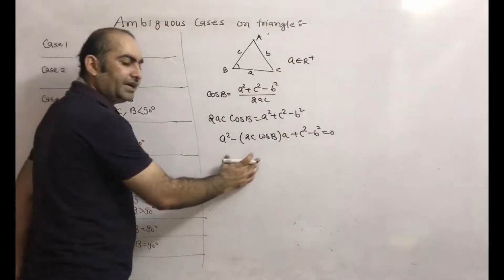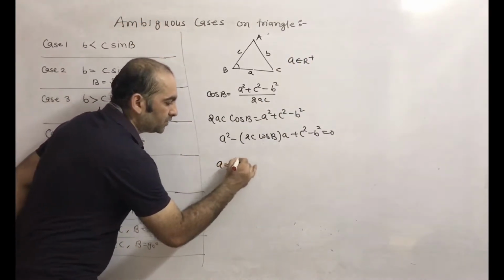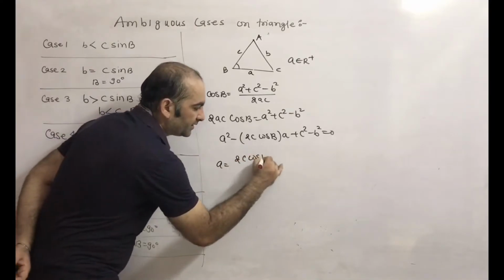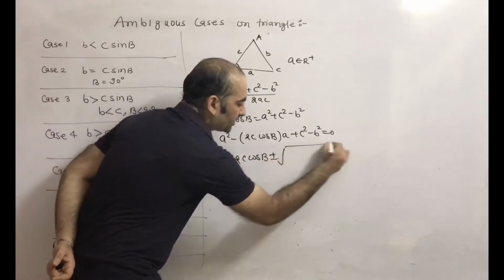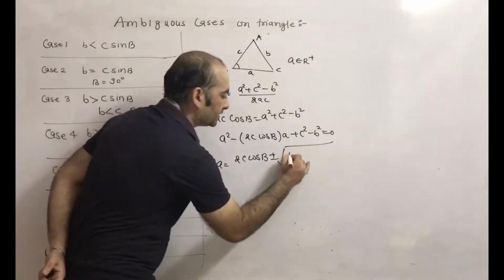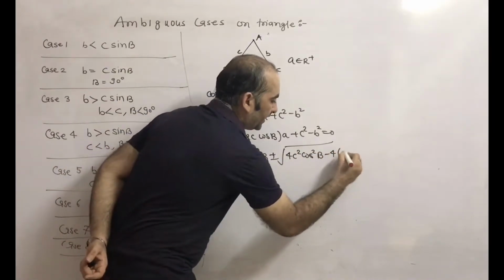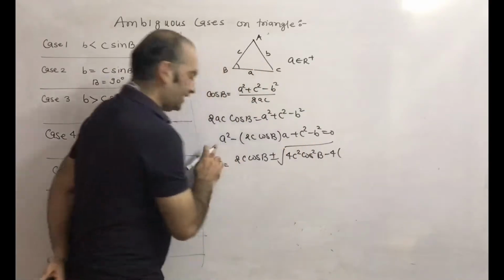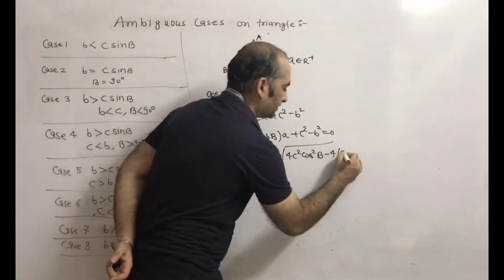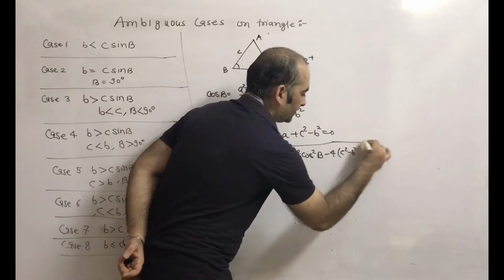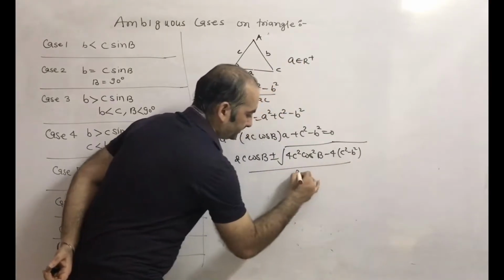From here we are finding the a value. So a equals 2c cos B plus minus root over 4c square cos square B minus 4, where the coefficient of a square is 1 and the constant is c square minus b square, divided by 2 into 1.